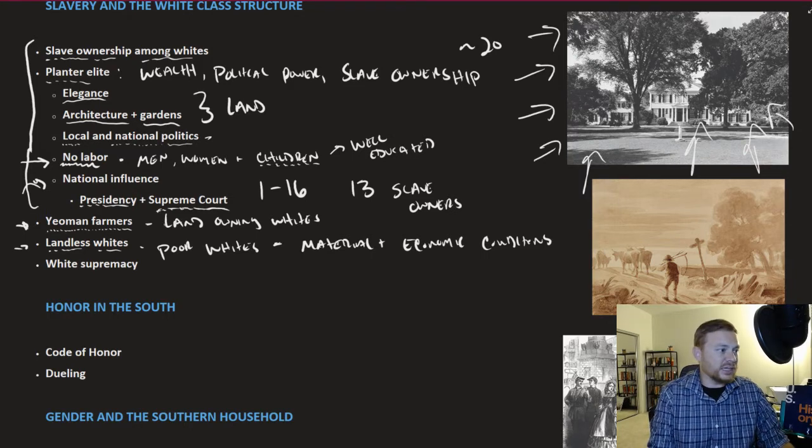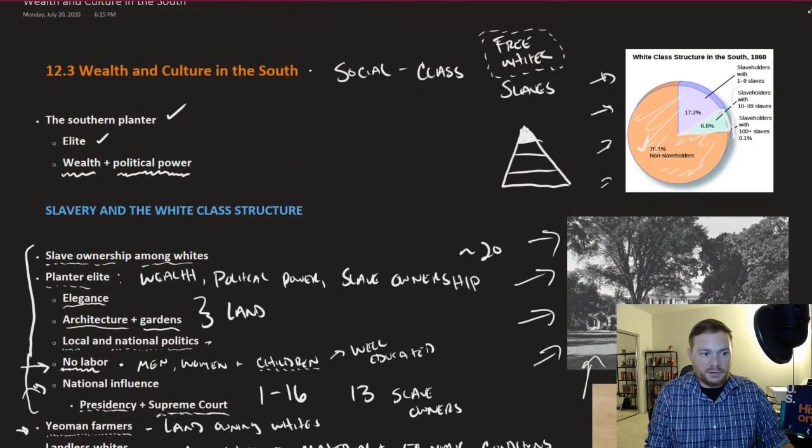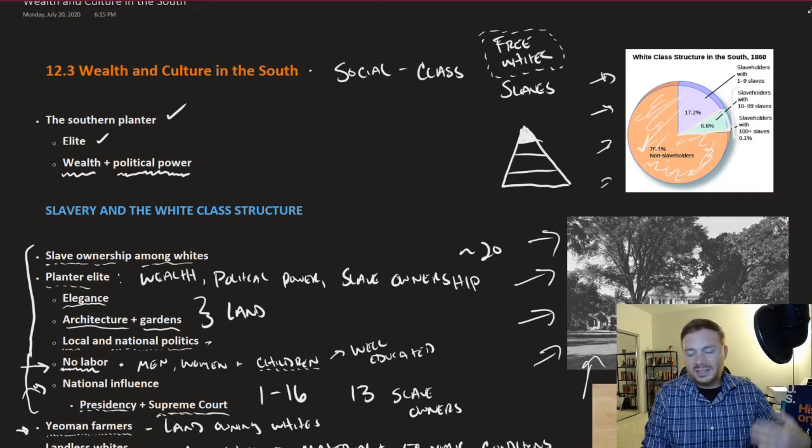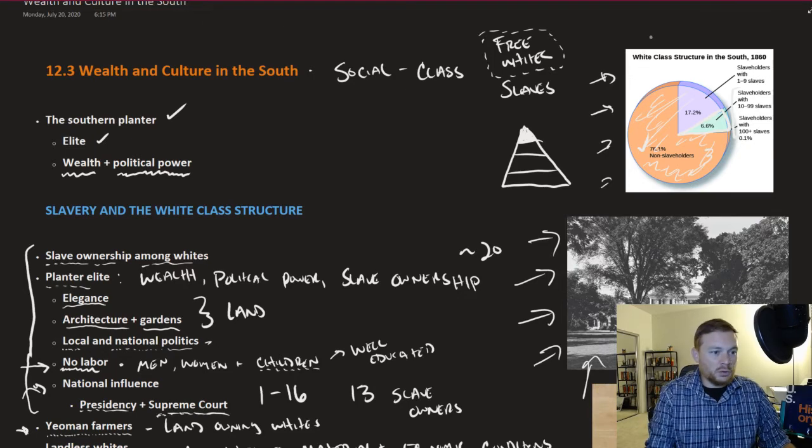They were not enslaved. And what held these classes together was a sense of white supremacy. Looking back up at this graph, despite the fact that most whites don't actually own slaves, they can benefit from the plantation economy. But one thing that all of these people have in common, of course, is their race, right?